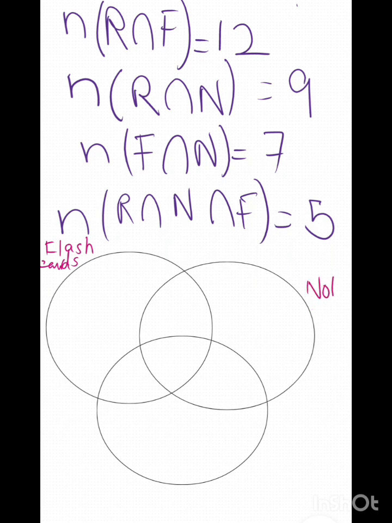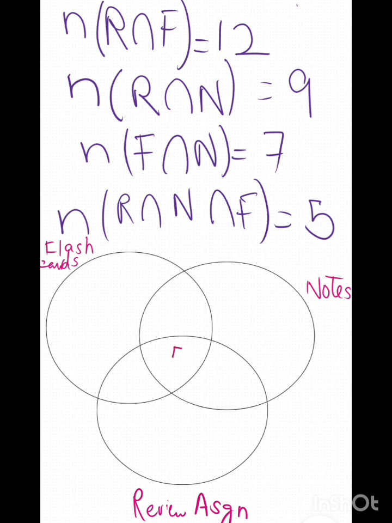And the third circle is review assignments. So you can see that they are overlapping circles. So there are a total of 7 subsets now formed after drawing this Venn diagram.